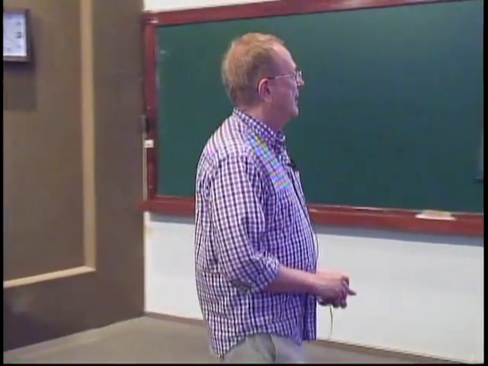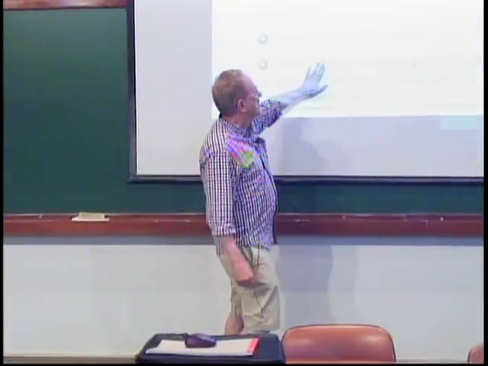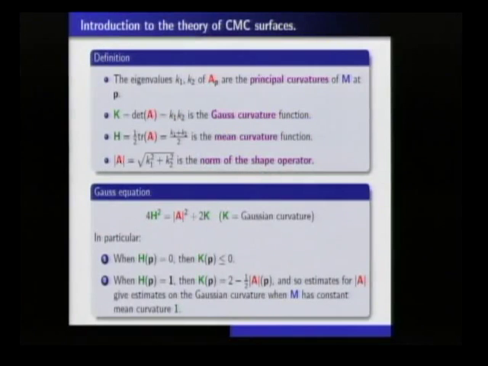So big Gaussian curvature means big norm of the second fundamental form. They become the same thing as long as the mean curvature is bounded. Somehow these are different ways of measuring how the surface curves in space. So at least when this is a bounded function, these two being bounded are essentially equivalent questions.